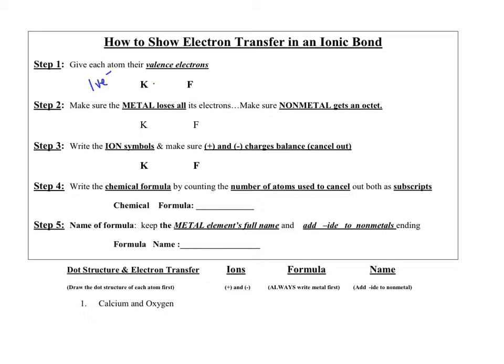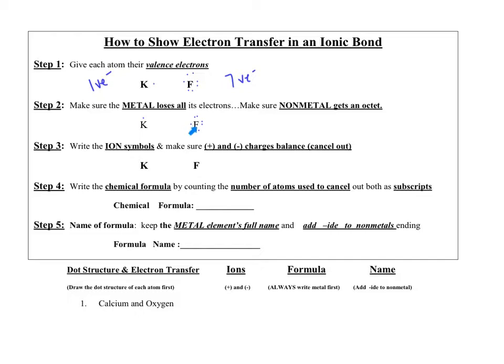Fluorine has 7 valence electrons, so it's going to have 7 dots. Step 2 says make sure the metal loses all its electrons, and make sure the nonmetal gets an octet. So if I redraw them, there's potassium, and fluorine has 7. I'm drawing them for illustration purposes.